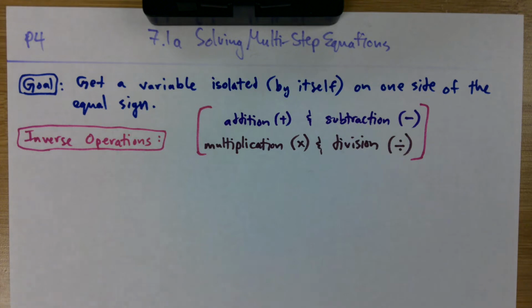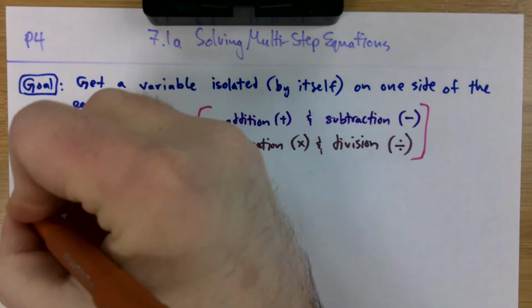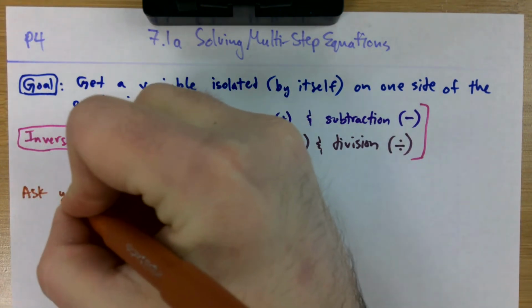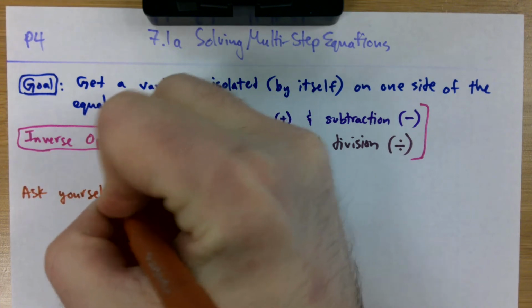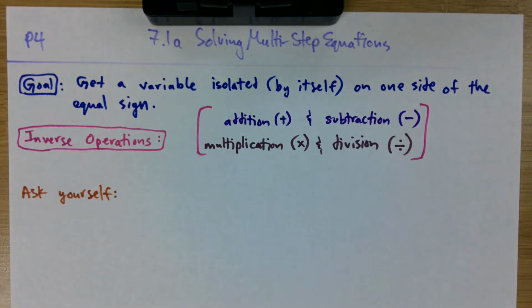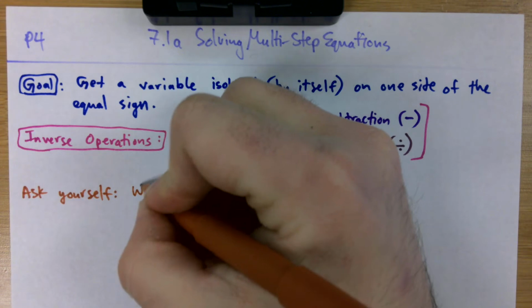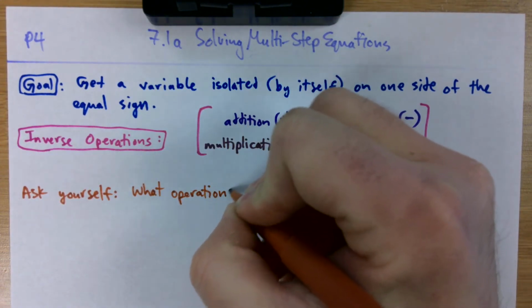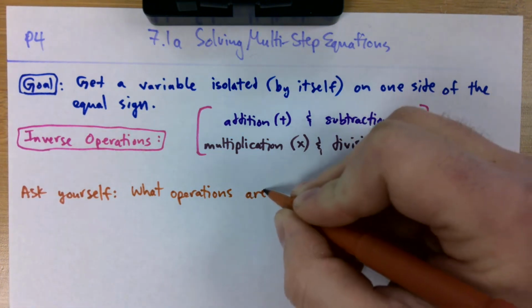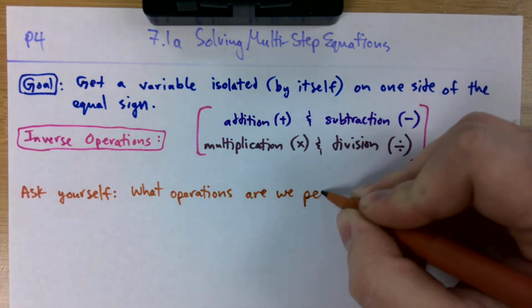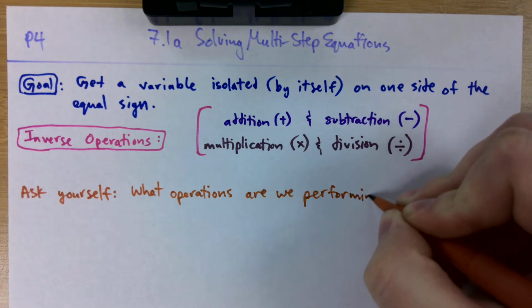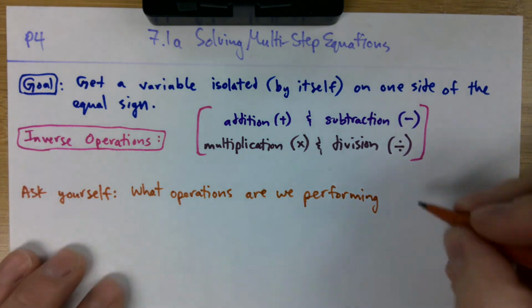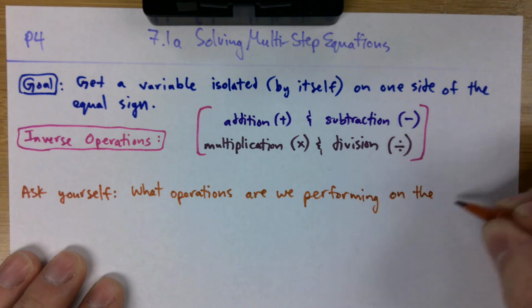And each time you get to a problem where you're being asked to solve for x or isolate x, what you're going to want to do is ask yourself, what operations are we performing on the variable?